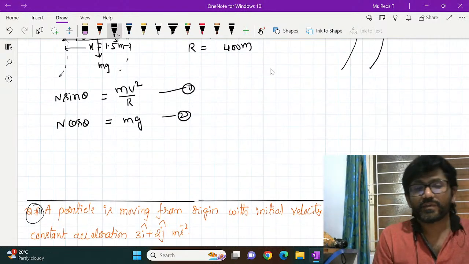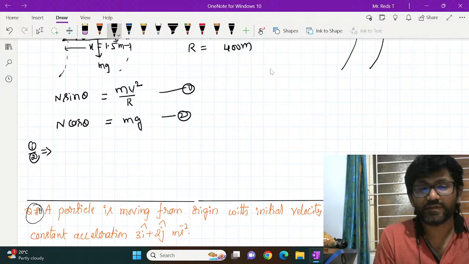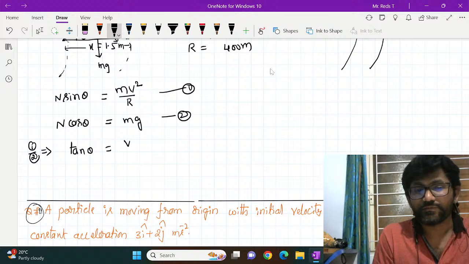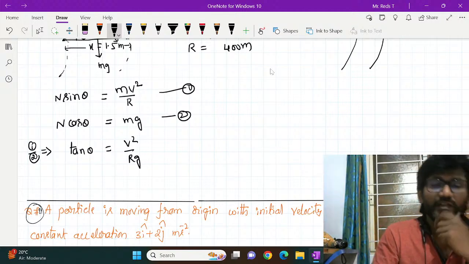If you take the ratio of 1 by 2, that gives N sin theta by N cos theta, which is tan theta, equal to this by this. The m and m cancel, then we will get v square by rg. And what you are asked to find here is h, so how is h involved here?